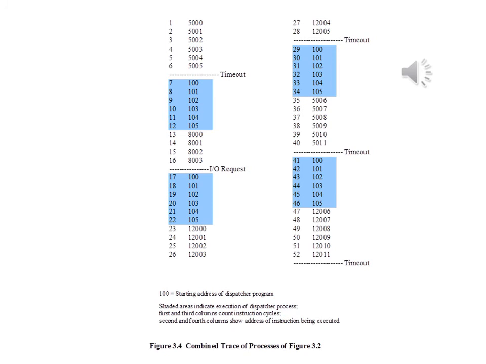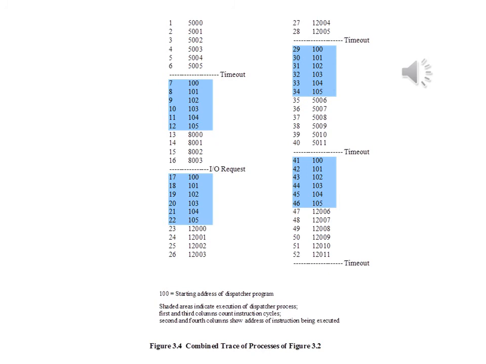Now, let's view these traces from the processor's point of view. This slide shows the interleaved traces resulting from the first 52 instruction cycles, and for convenience, these instruction cycles are numbered. In this figure, the shaded areas represent code executed by the dispatcher.